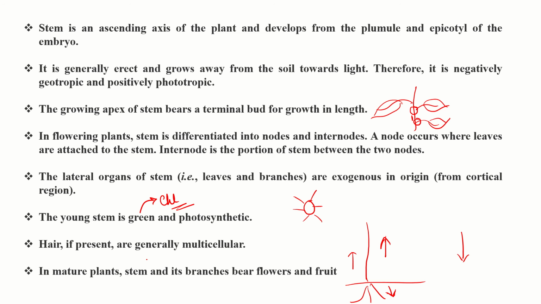Hairs, if present, are generally multicellular. That means stem hairs are multicellular. In mature plants, stem and its branches bear flowers and fruits.